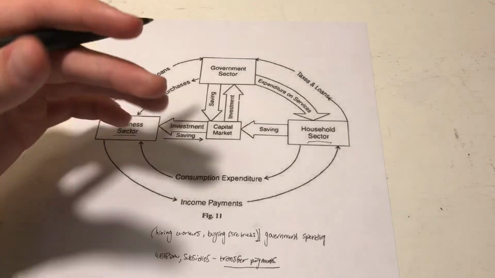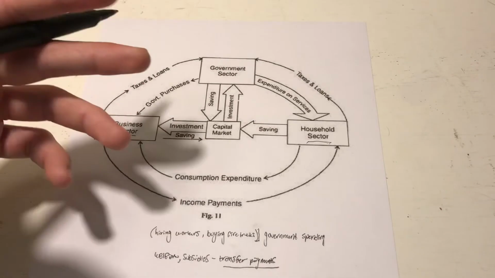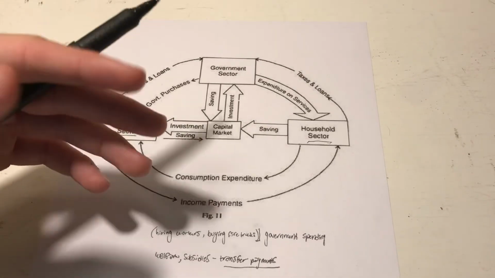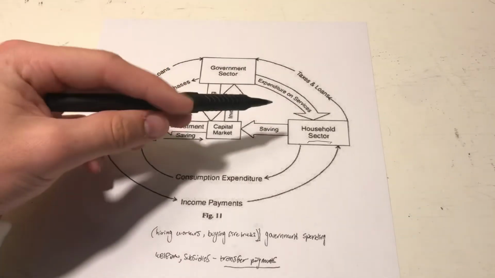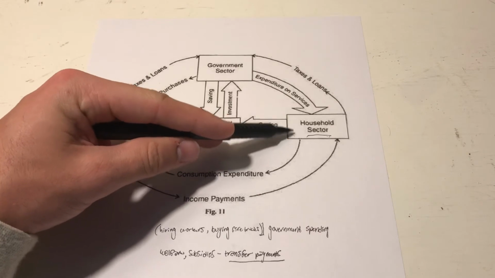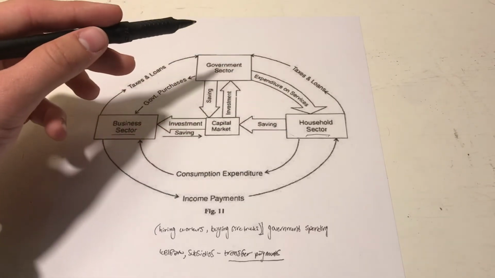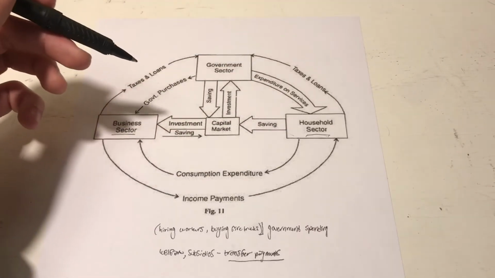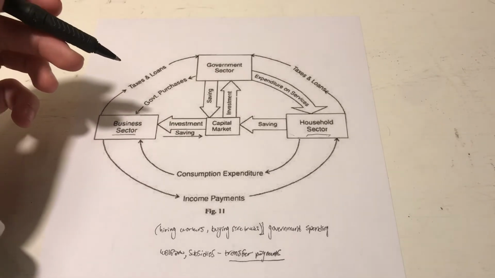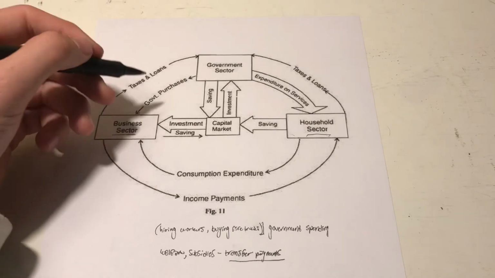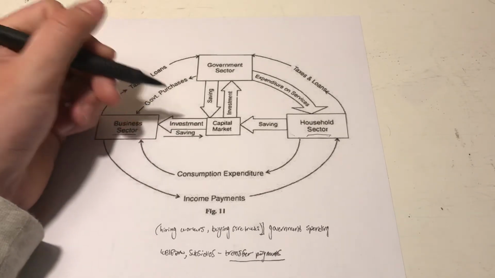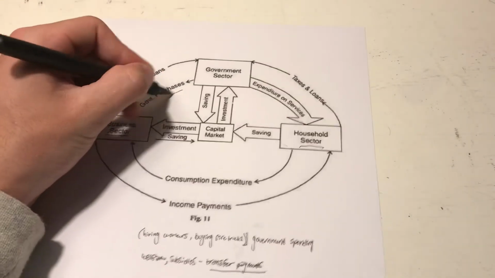They buy fire trucks or police cars or any other produced good. And from the resource market, the household, they hire teachers or firemen, any worker that can provide labor for them. And by doing this, both of these are called government spending or government purchases.